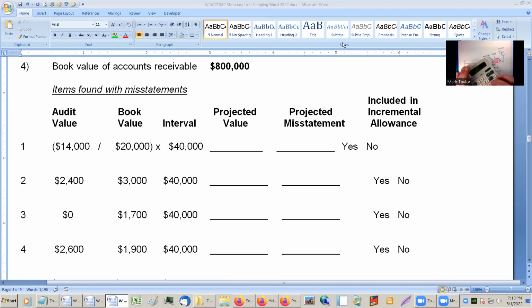Okay, so 14,000, 20,000, 40,000. So the projected value is 28,000. This is a normal misstatement that we had.